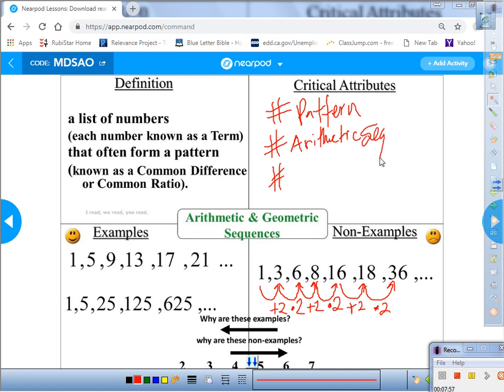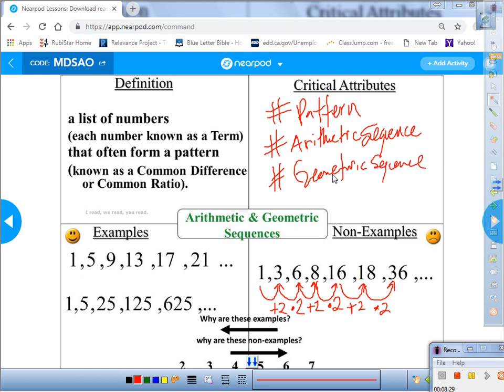Sequence. What else? Jason? Geometric sequence.